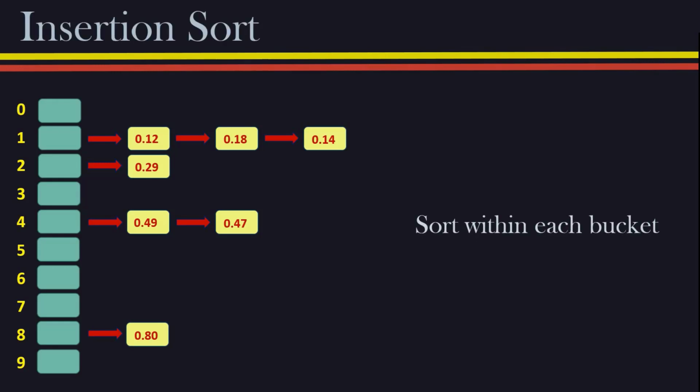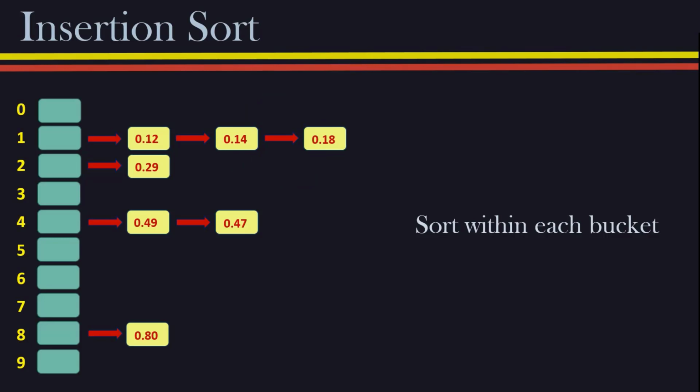In our index 1 bucket, as 0.12 is the lowest among the 3 elements, it will remain as it is. Next, we will compare the second and third elements. As the third element is less than the second element and greater than the first element, the second and third elements will swap their places.